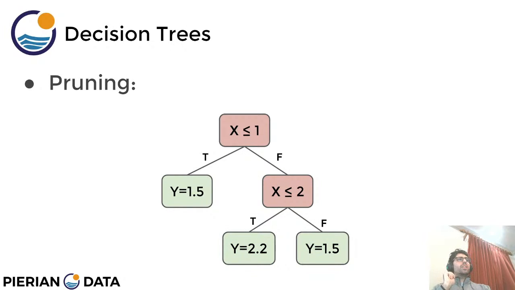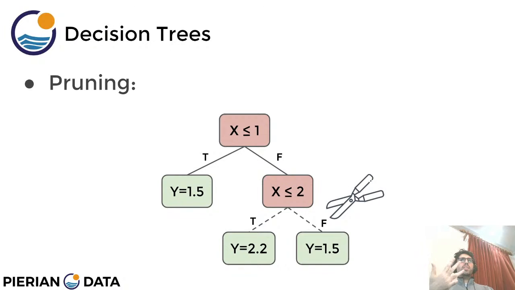Pruning is a concept of cutting off here. So pruning is essentially shortening the tree to try to avoid overfitting. You can imagine that as your x's, in this particular case, as the ranges get really small, we could have a really complex tree that said x in the range of 0.0 to 0.1, x in the range of 0.1 to 0.2, etc. So you could have hundreds and hundreds of nodes to get this really choppy regression line.